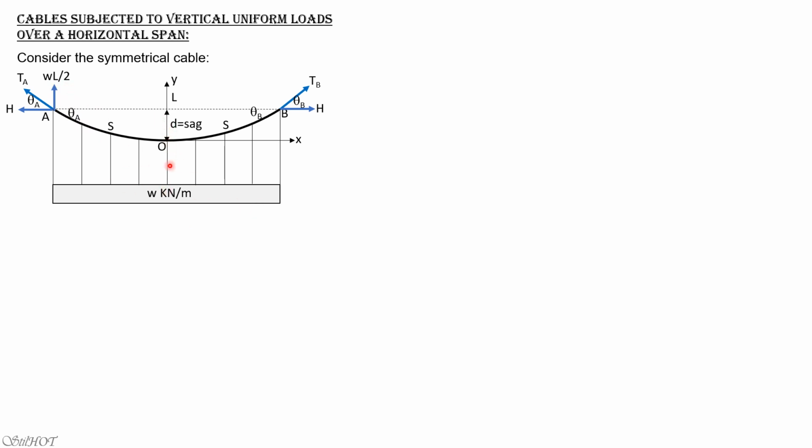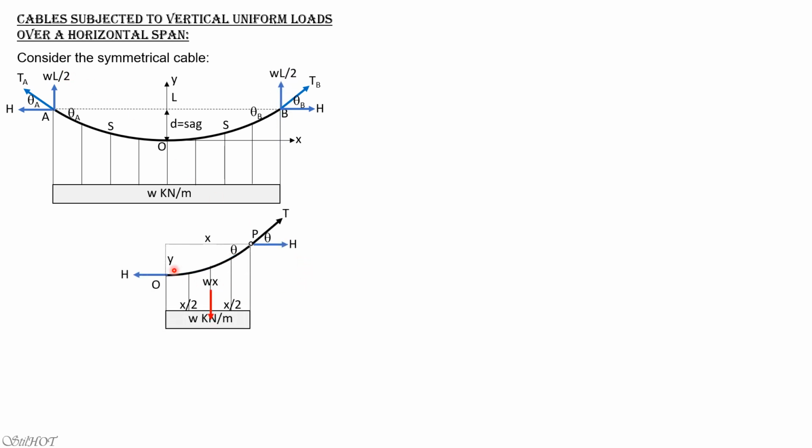So if you cut up to O, then of course the area of this left portion of the load is simply the area of the rectangle W times L over 2. That's why at A, the vertical component is WL over 2. So we then draw the free body diagram of the portion of this cable here from O to any point on the cable, P, not B, so somewhere here. And the length of the horizontal projection is X because this is rectangular load.